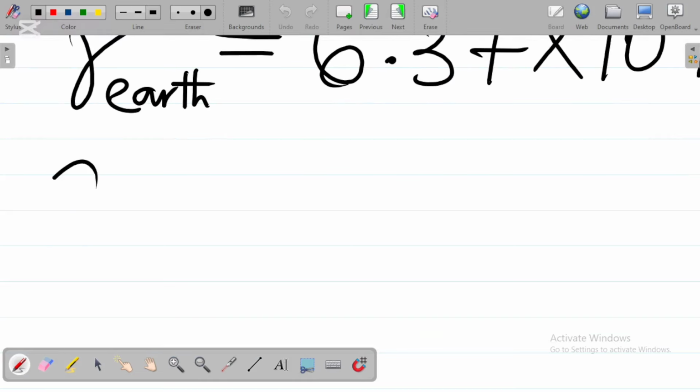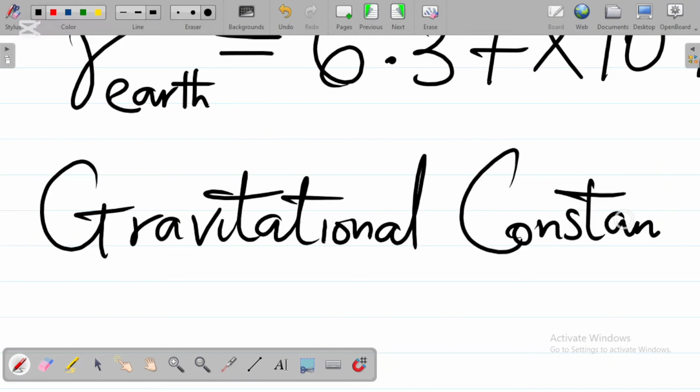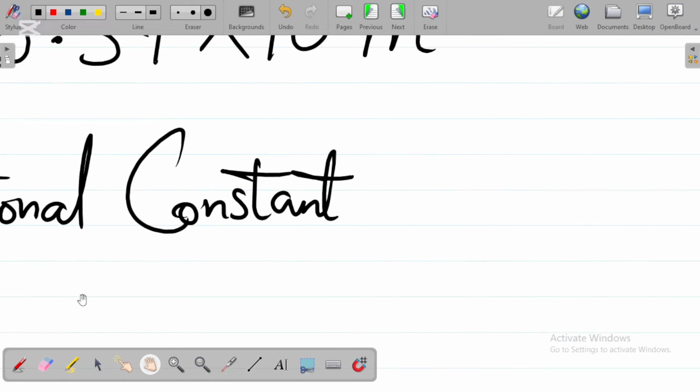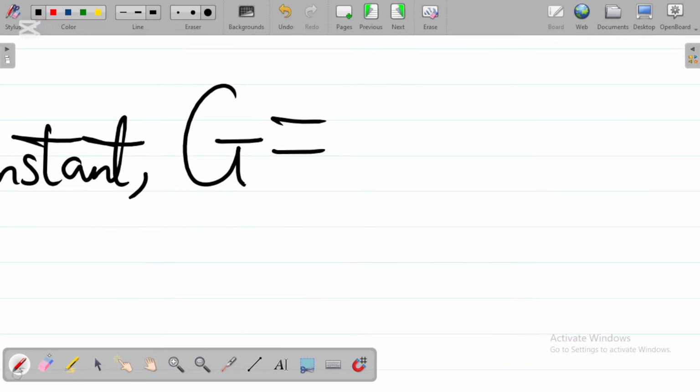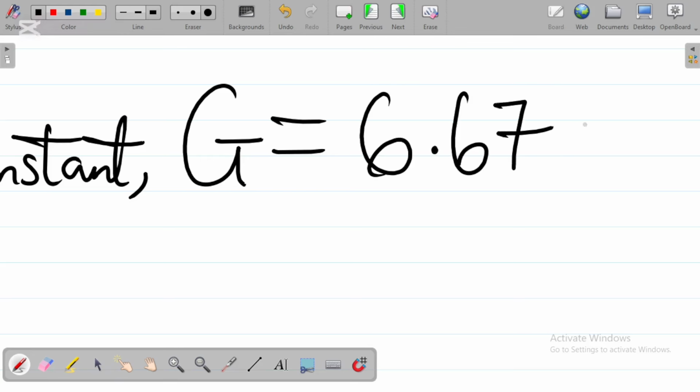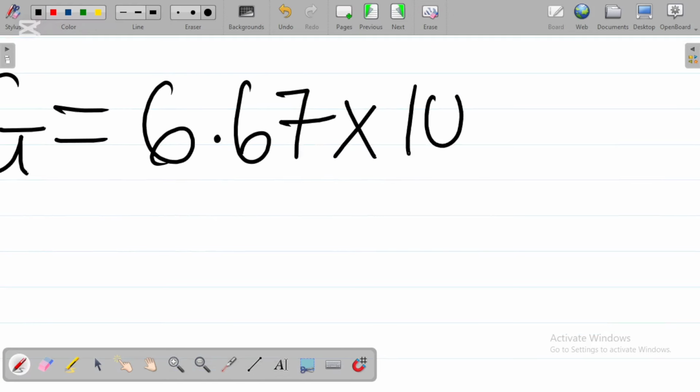So we have here the gravitational constant, capital letter G, is equal to 6.67 multiplied by 10 raised to power negative 11 and then the units.